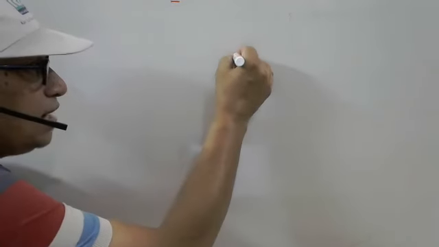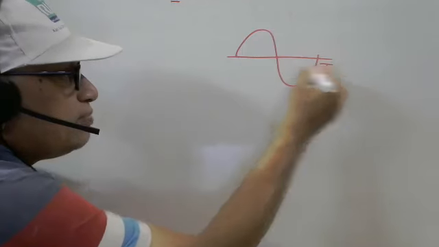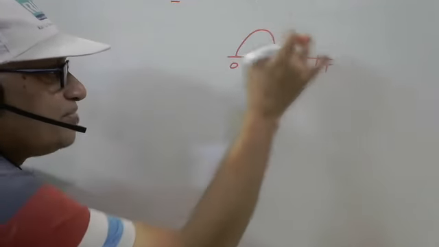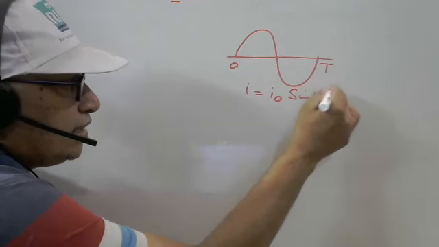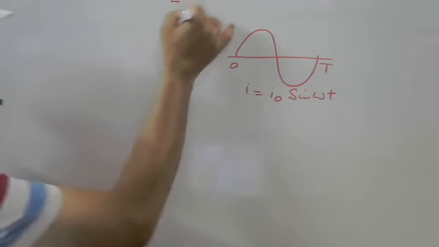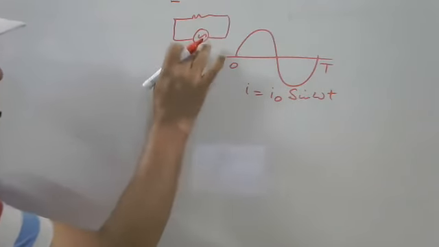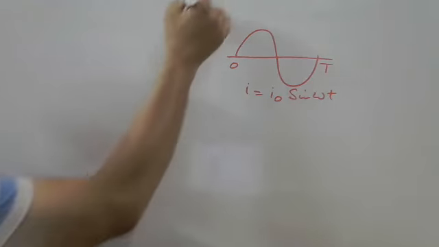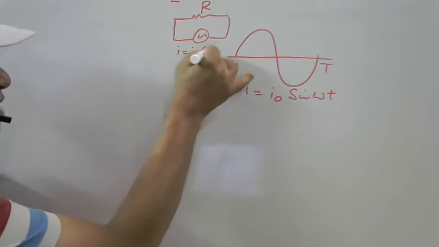So we are free to take the full cycle for the RMS value. The equation here is I equal to I naught sin omega t. This is the resistance here, this is the symbol of AC, and this is the current I equal to I naught sin omega t.